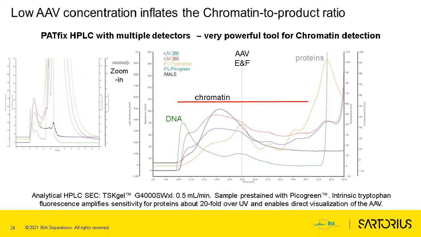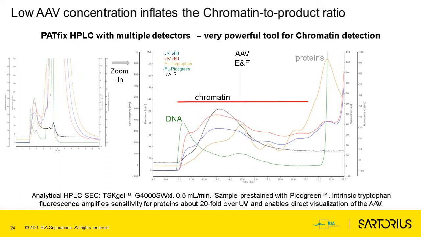So having a clear idea how to move ahead and analytics in place, here is one of such analytical chromatograms. The DNA is presented with a green curve on the right, which is a zoom of the left chromatogram. The chromatography is size exclusion.